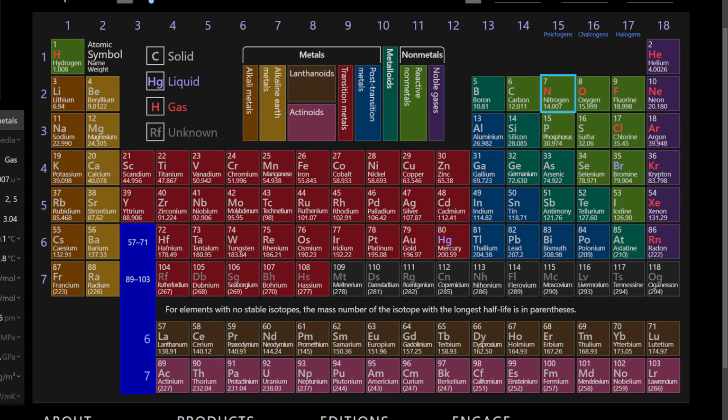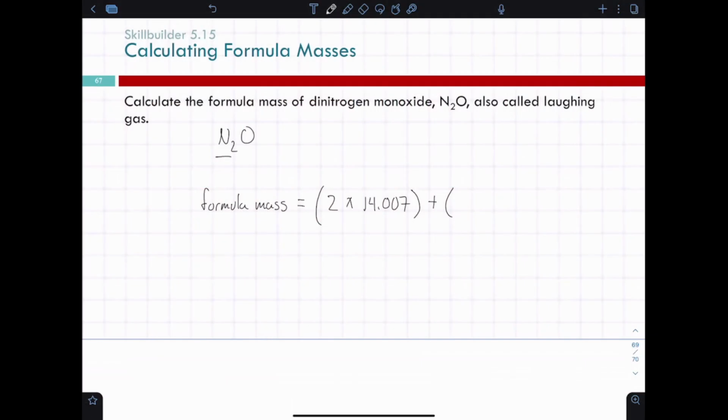So nitrogen's over here, 14.007. That's the atomic mass. We don't have to put it in parentheses, but I'm going to. So the mass here is 14.007. And then plus, this will be our number of oxygens. So 2 times 14.007 plus the number of oxygens.